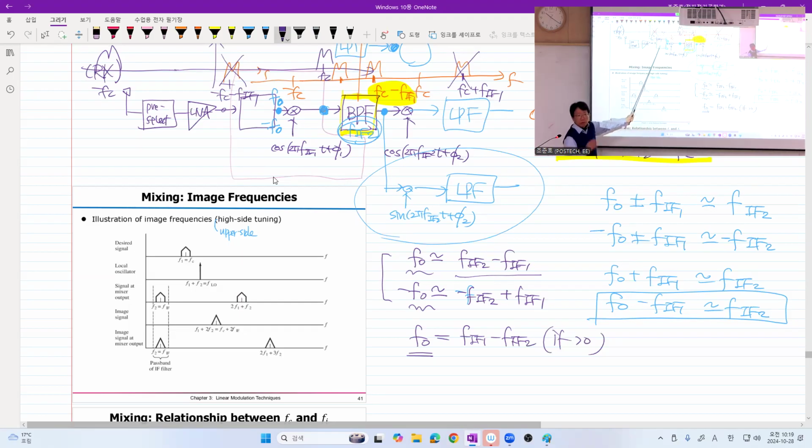We are going to filter out the image band signal. So we calculate the image band frequency and filter that out, and this is called an image reject filter. Got it? So in the two-stage down conversion receiver, the image band problem may occur. In order to solve that problem, we put in an image reject filter. Got it?